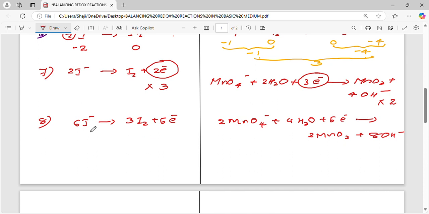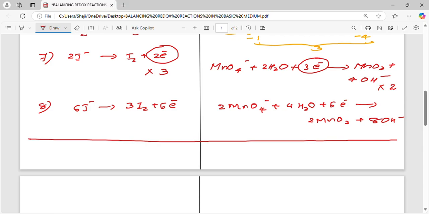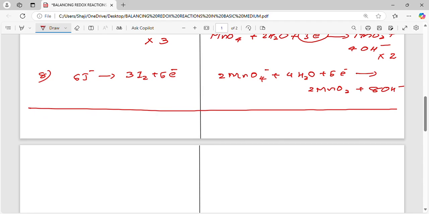So electrons are equal. Now we are going to take the overall reaction by adding both left sides of oxidation half and reduction half, and right sides of oxidation half and reduction half. So it becomes 6I minus, that is the only species in the left side of oxidation half, plus the left side of reduction half, 2 MnO4 minus plus 4 water.